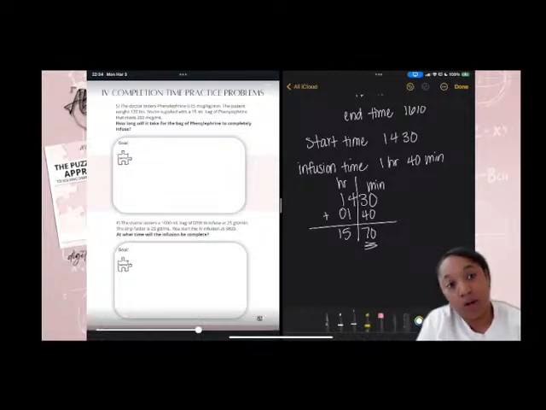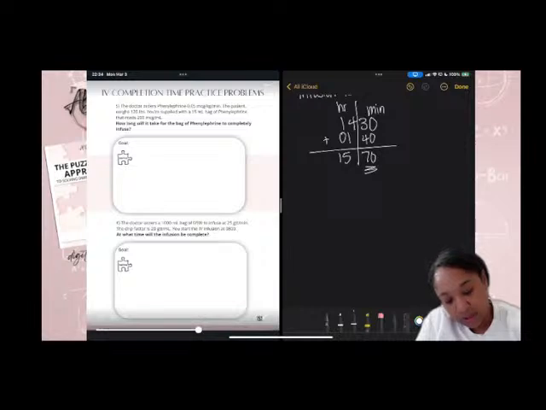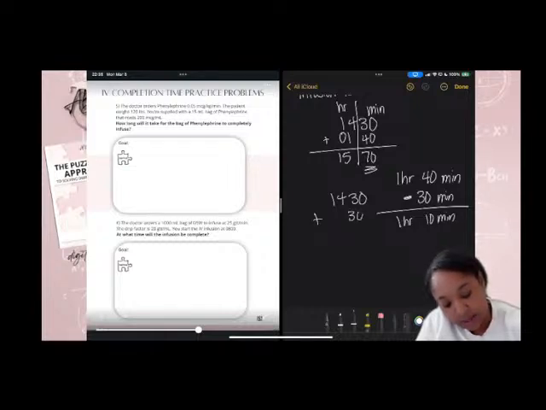But if you don't know that, then what I like to do is if you start at 14:30 and you have 1 hour and 40 minutes, I'm going to take 30 minutes from over here, from the time that I have. So I have 1 hour and 10 minutes left. So I'm going to add 30 minutes to it, because that's going to be 60, right?